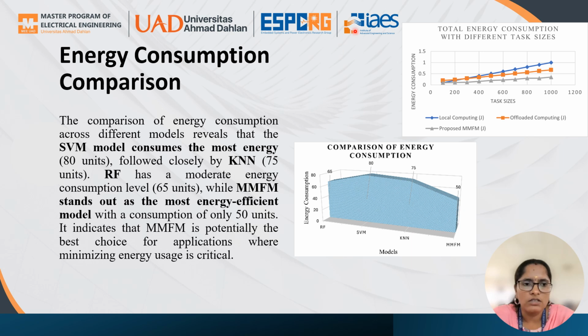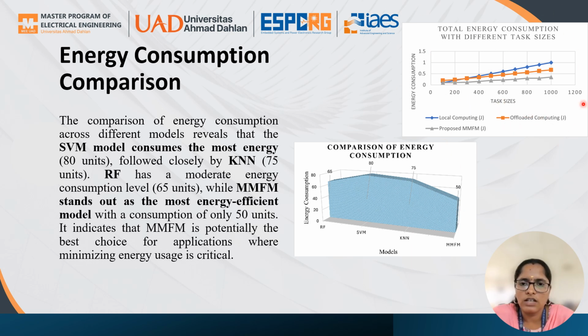For the energy consumption, I have compared the existing models, the random forest algorithm, SVM, and KNN algorithms. Compared to all these algorithms, my energy consumption in the MMFM model using these two algorithms is less when compared to the other three models. And also I executed with different sizes of tasks.